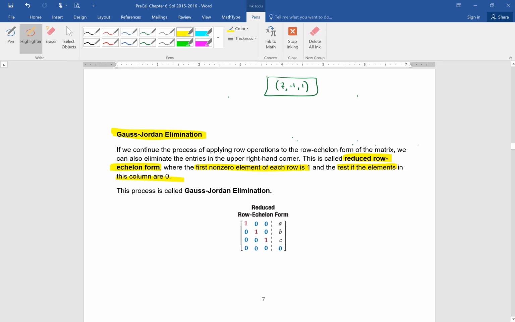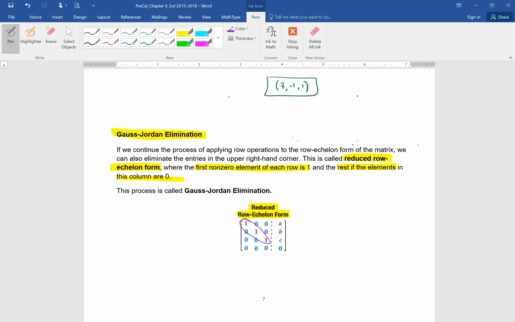So if you have reduced row echelon form, this is what it looks like. You've got the main diagonal of 1s. Everything else in the matrix is 0. Well, A, B, and C have to stay because those are your solutions.